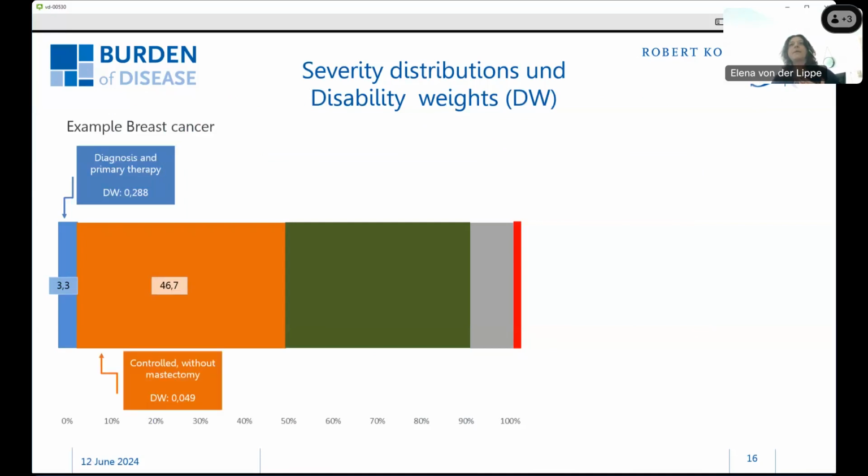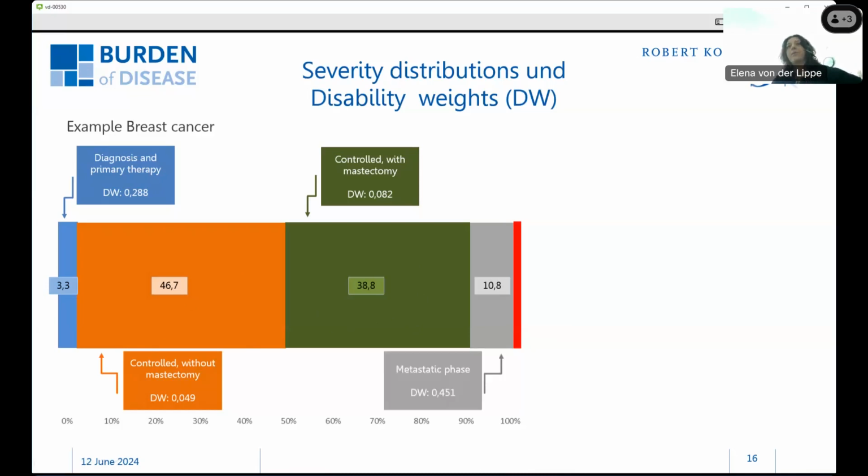But here we differentiate between this controlled phase if the person had a mastectomy or not. So we have a big part, the biggest part, in the controlled phase without mastectomy, but we also have quite a high proportion of people in the controlled phase with mastectomy.